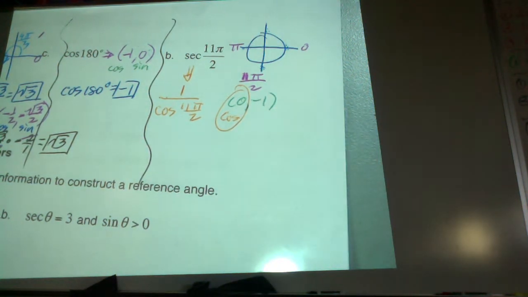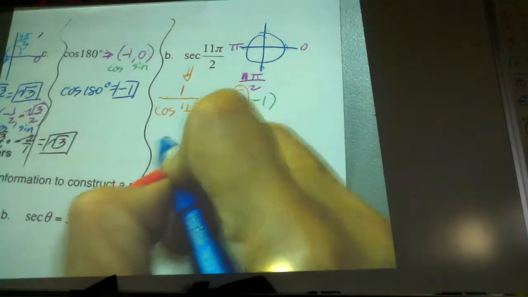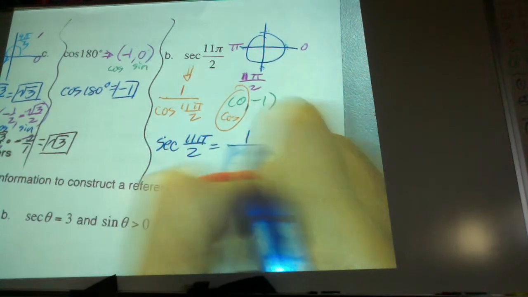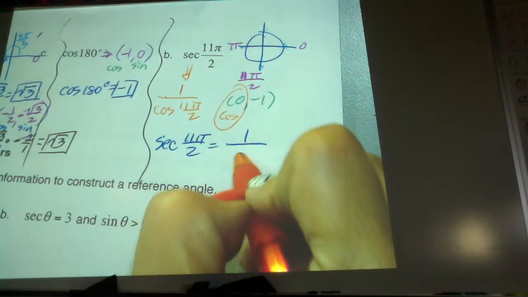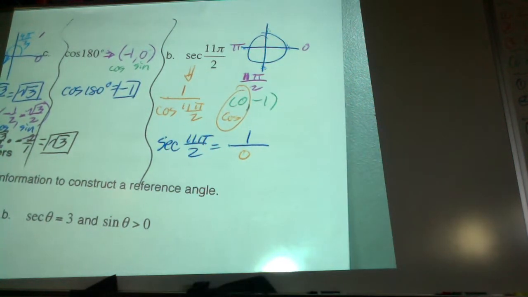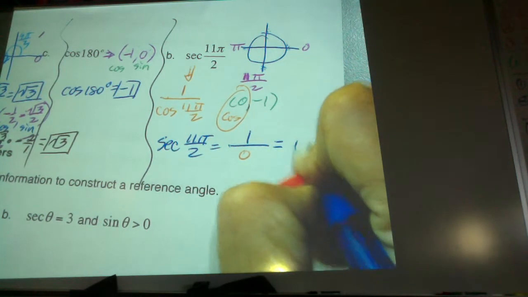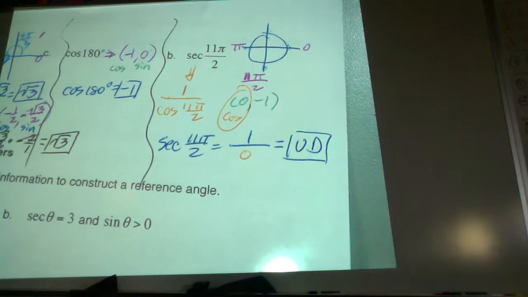So that means that secant of 11 pi over 2 is the same as 1 over the cosine, which is 0. Is that defined? No. So secant of 11 pi over 2 is undefined. You okay with that? Okay.